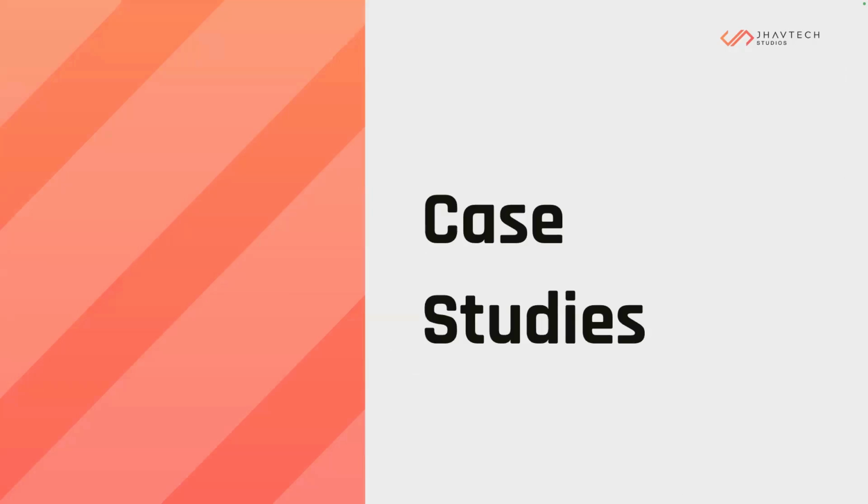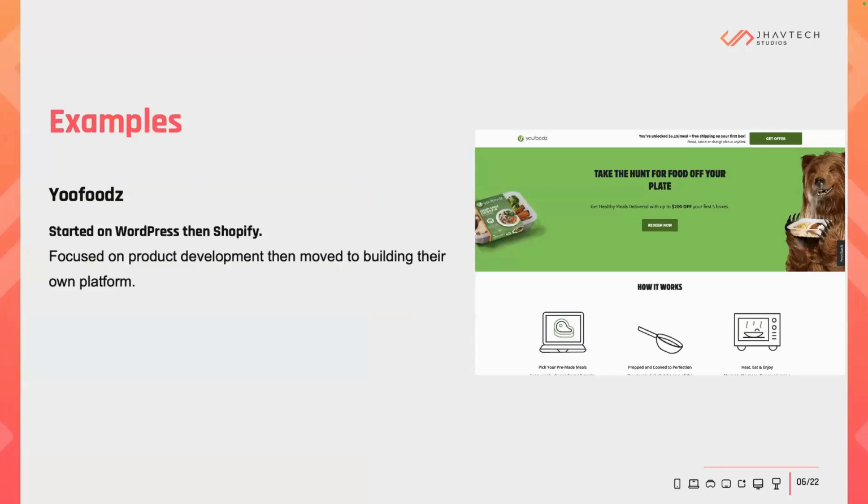So here's a couple of case studies that I've looked at. Some I know directly, some obviously just looking up and reading their stories about how they've used no-code or AI tools in the past, and then built that to grow beyond that. So an example is YouFoods.